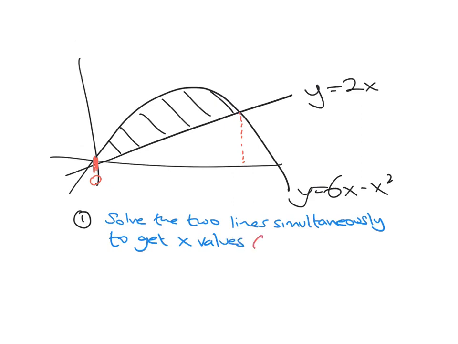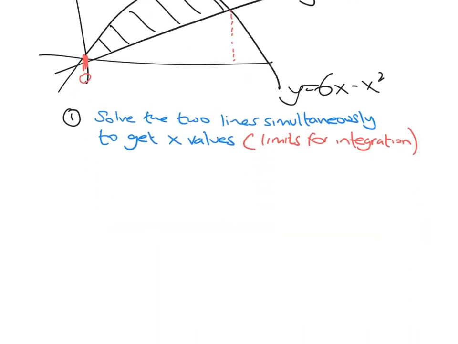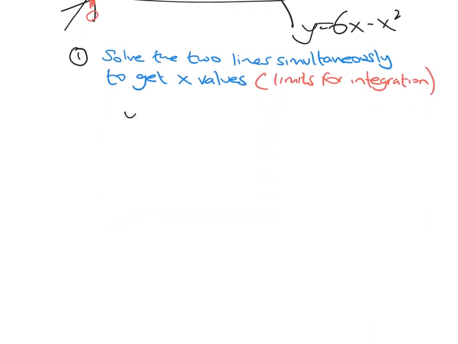This will give us limits for our integration. Usually in these cases, this is actually a bit easier than it would normally be, because we have one linear and one quadratic function, this being the quadratic and this being the linear, but both are equal to y.